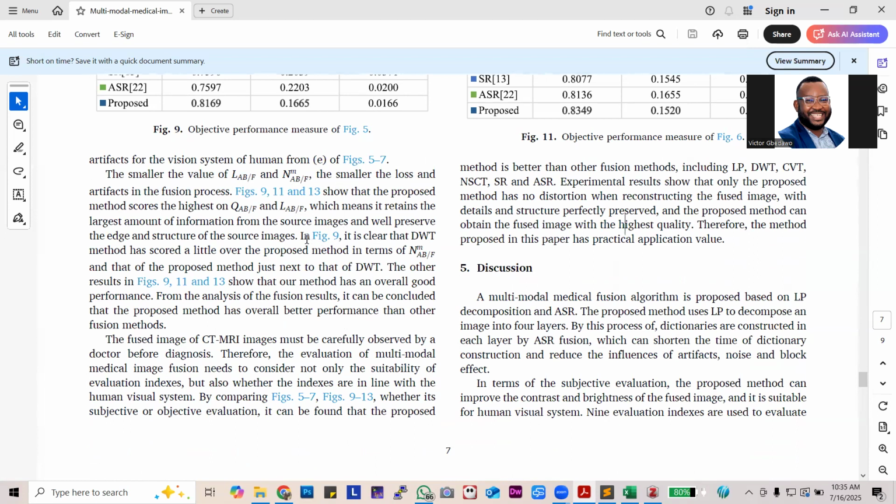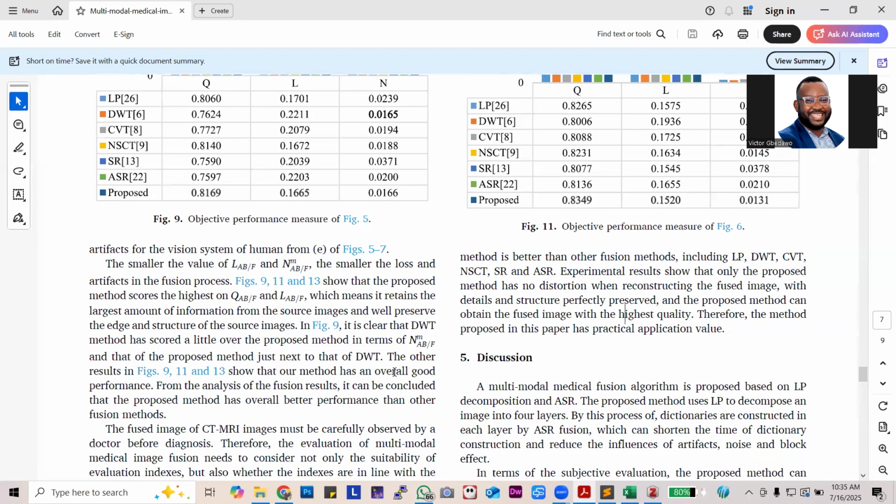Referencing means that in figure 9, so figure 9 is the table they're referring to. In figure 9, it is clear that DWT method has scored a little over the proposed method in terms of the particular value, and that of the proposed method is just next to that of the DWT.